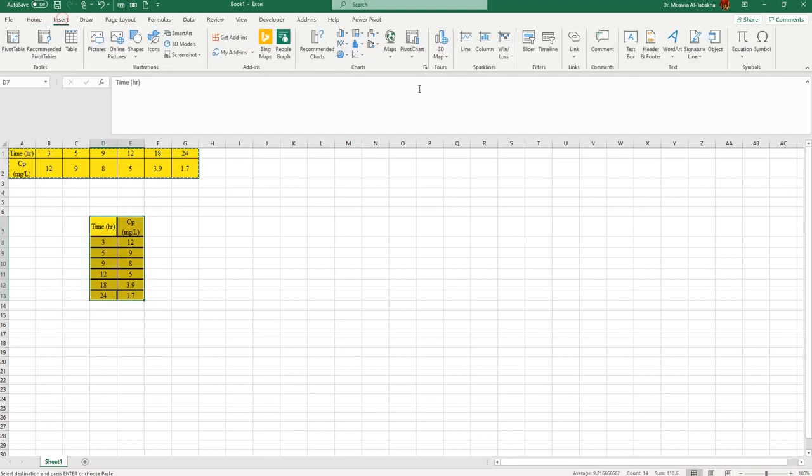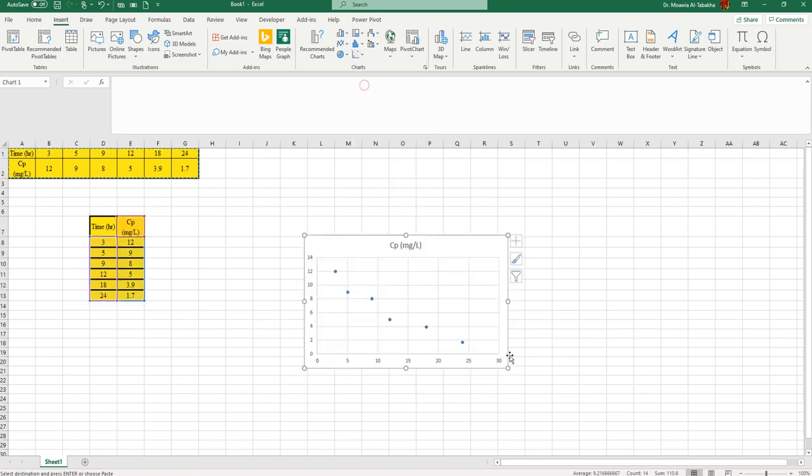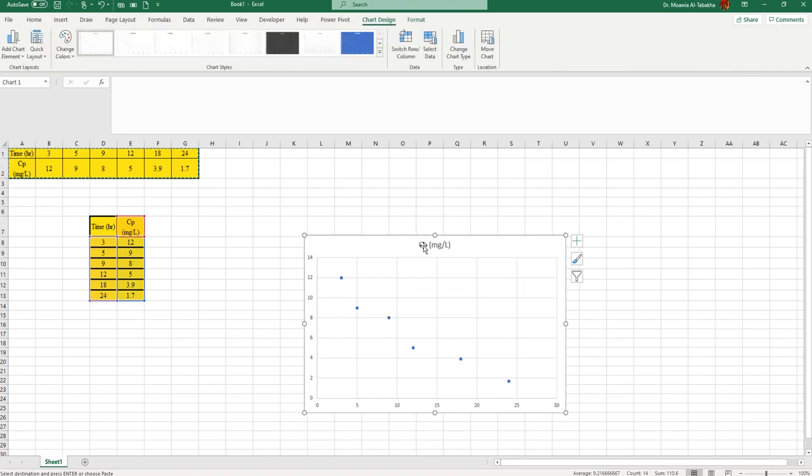Insert data. Insert the chart, and I want a scatter chart. This is my scatter chart. Let me remove this one. So I have time here and concentration here.